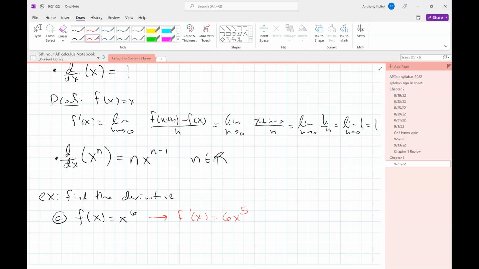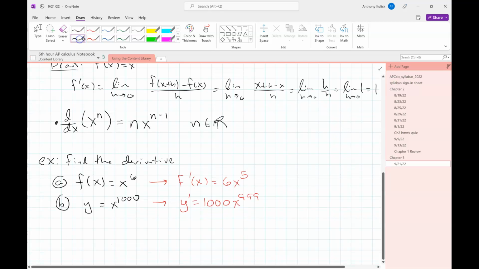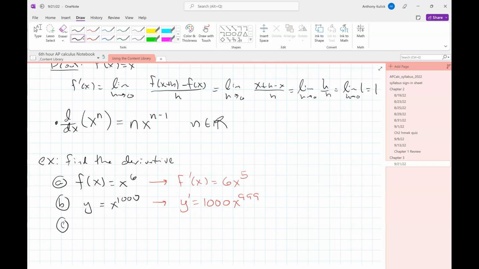Everybody's okay with that? So the power rule: the exponent becomes the coefficient, and then you subtract 1 from the exponent. What about y equals x to the 1,000? 1,000x to the 999. Cool. Look at all these nice mental math problems we have.